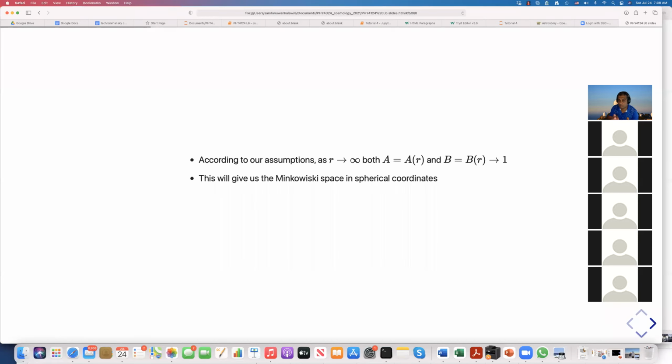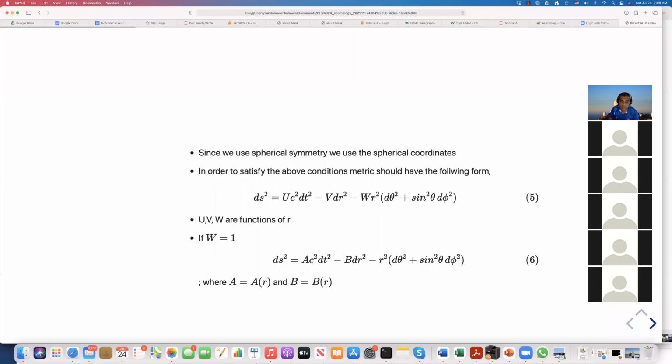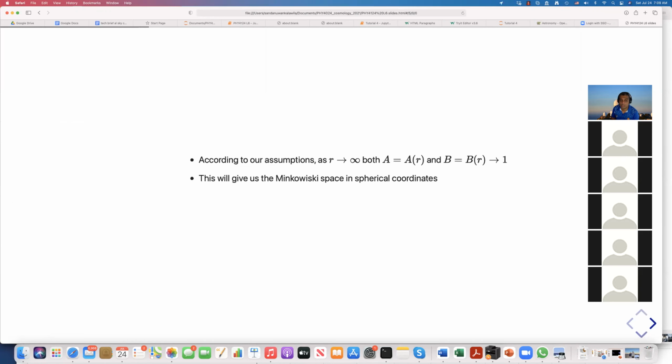So according to our assumptions, when r goes to infinity, both these functions A and B should be equal to 1. Because when A equals 1 and B equals 1, you have c squared dt squared minus dr squared, minus r squared d theta squared, and minus r squared sine squared theta d phi squared, which is the normal spherical coordinate system for the Minkowski space, or for flat space, right? So that's what I have mentioned here.